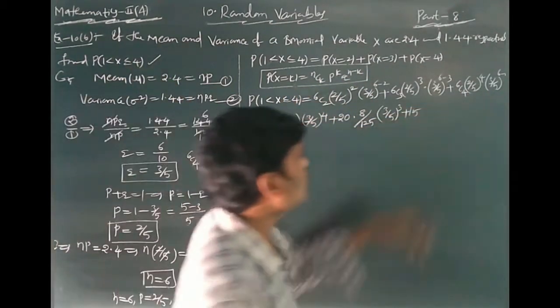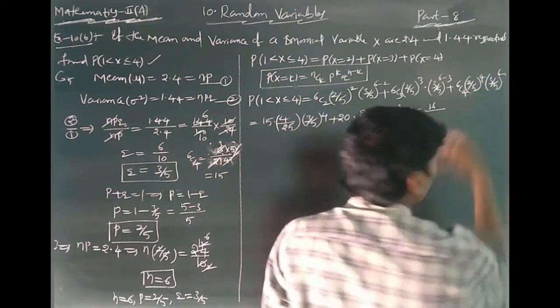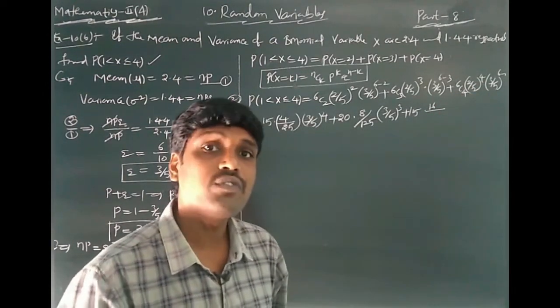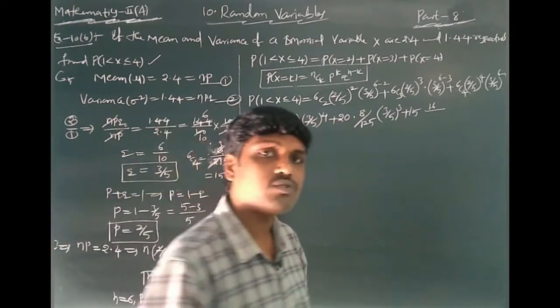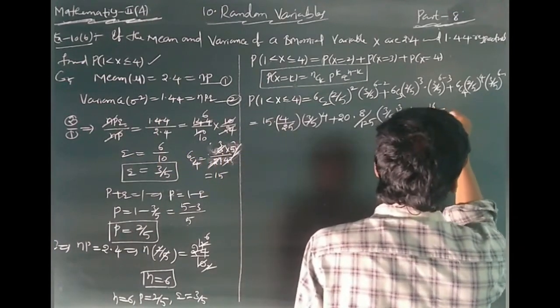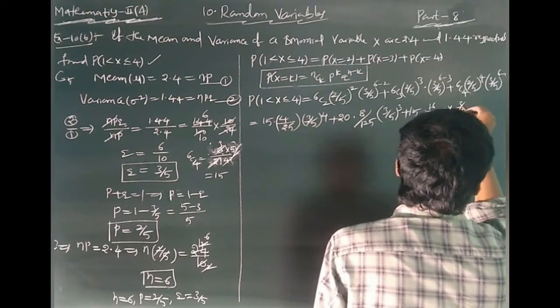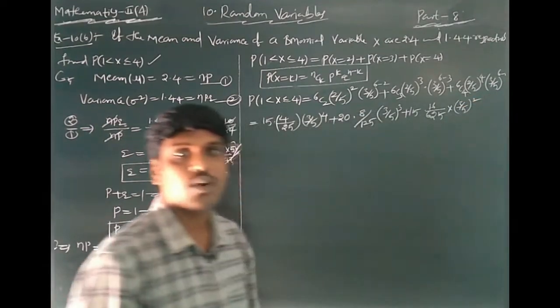Here 2 power 4 is 16, 5 power 4 is 625, into (3 by 5) whole power 2, since 6 minus 4 is 2.